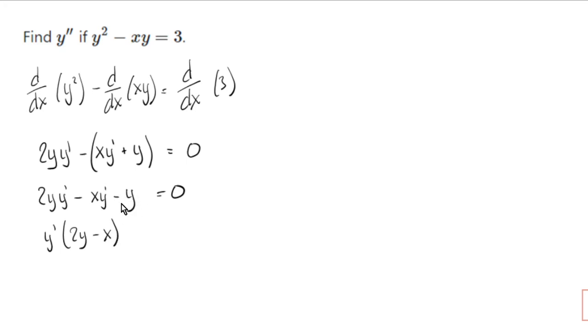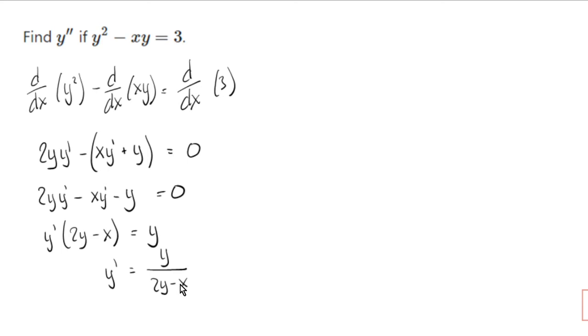And moving this minus y over to the other side, add y to both sides. And now just divide both sides by this binomial. So the first derivative of y is going to be y over 2y minus x. So that is the first derivative.